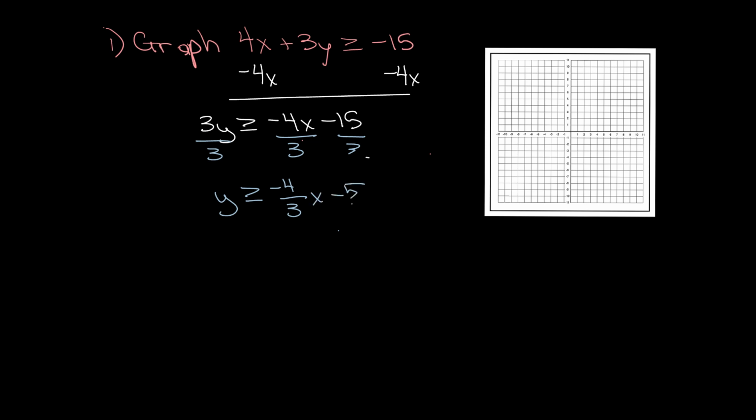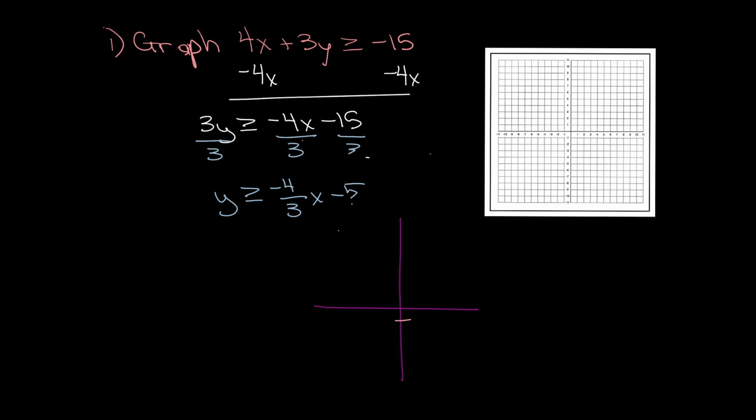Okay, so let's see what it's going to look like when I graph this on my graph over here. So I'm going to start out at the y-intercept of negative 5. Okay, let's just do it down here.